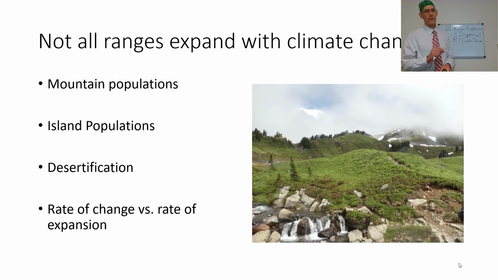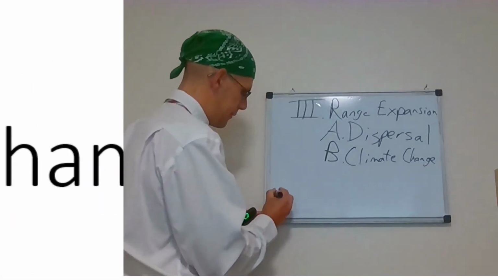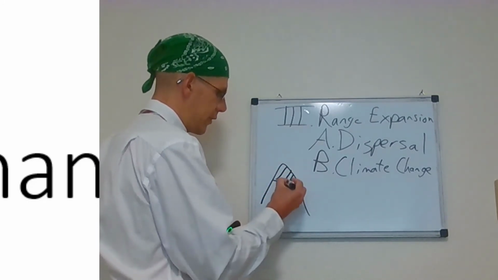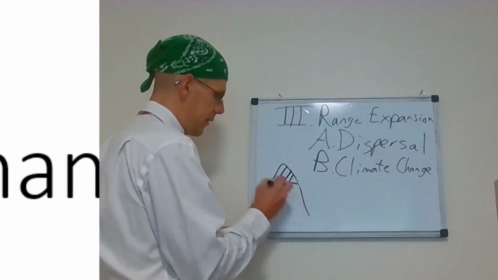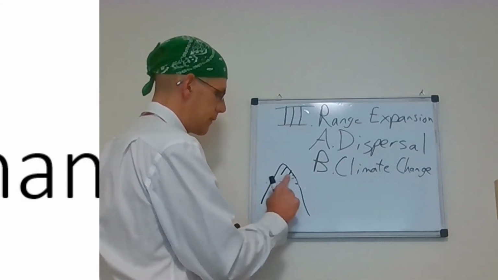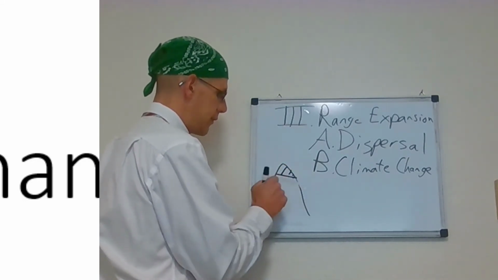But not all ranges expand. Mountain populations actually decrease with climate change if they are adapted to this. You've got a mountain here. If the range of this organism is limited to up here, but climate changes, then that range decreases.